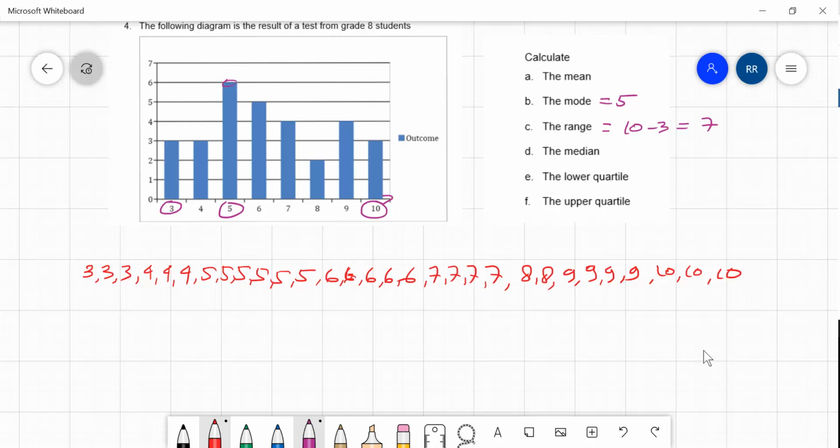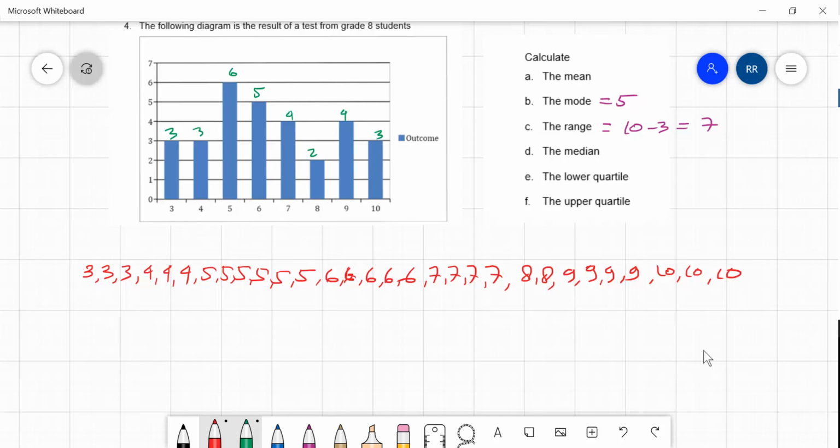The first thing I usually do is calculate how many data I have here. That's just calculating the total frequency. The frequency is denoted by the vertical axis. This one has 3, this one has 3, this one has 6, this one is 5, this has 4, this is 2, this is 4, and this is 3.